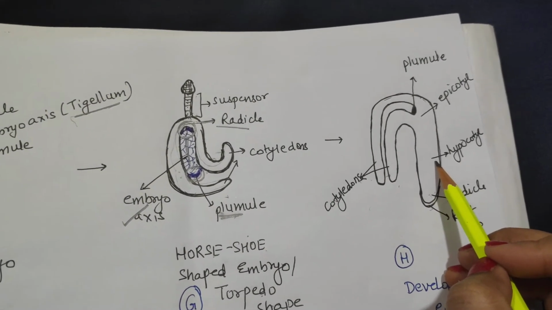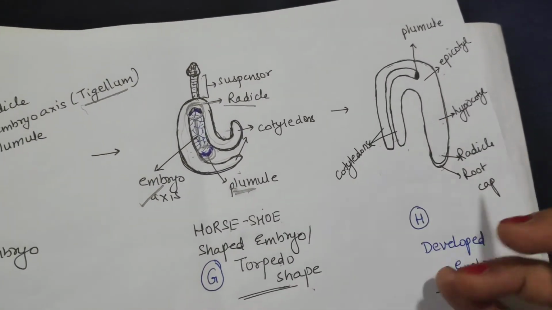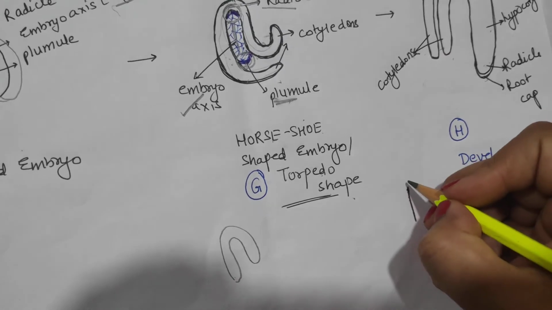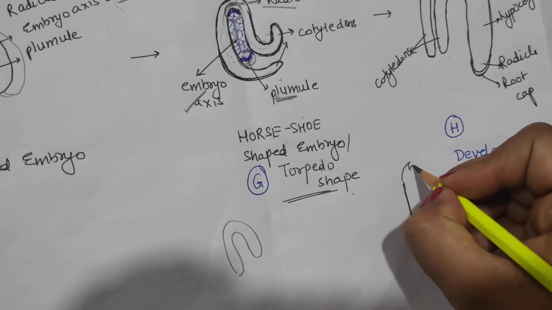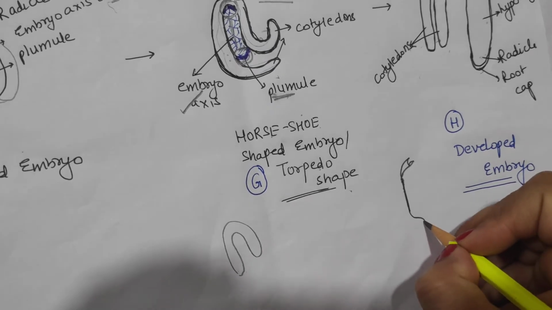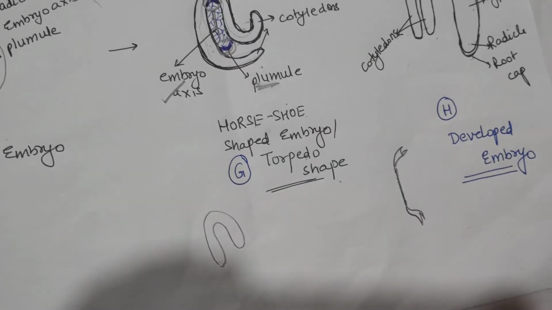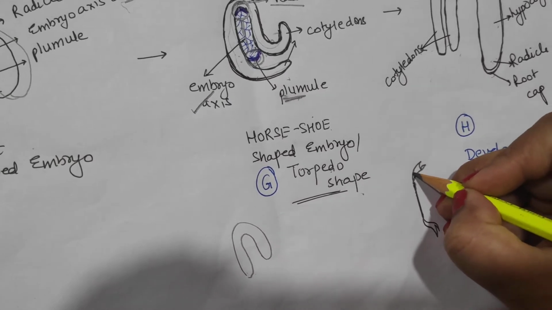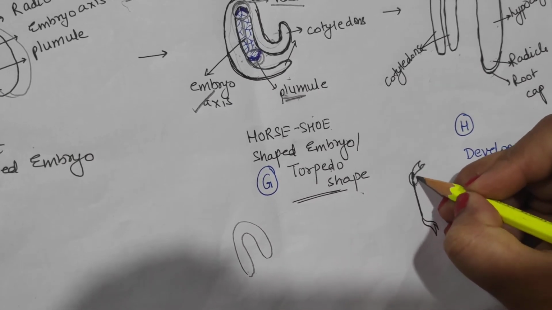Now what is hypocotyl and what is epicotyl? Now see, if this is an embryonal axis, and this is going to be radicle, and this is going to be plumule, right? So the portion of the embryonal axis just above which the radicle arises is the extension of the embryonal axis.